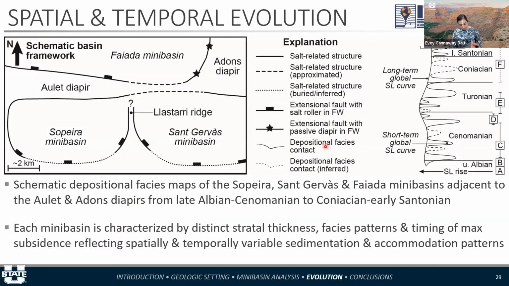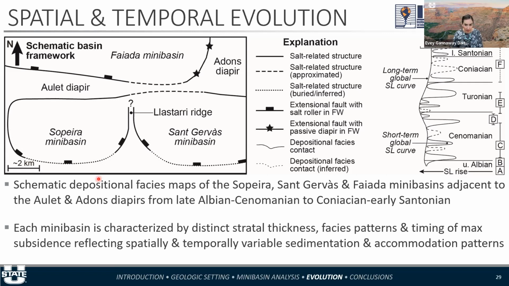So with all of these new data and the existing literature, we integrated these to generate schematic depositional facies maps and interpret this late Albian to early Santonian evolution adjacent to these diapirs. So here's just a very schematic basin framework with our Aulet diapir, Adons diapir, the 3 mini basins that you see here, trying to look at this within a spatial and temporal salt tectonic framework.